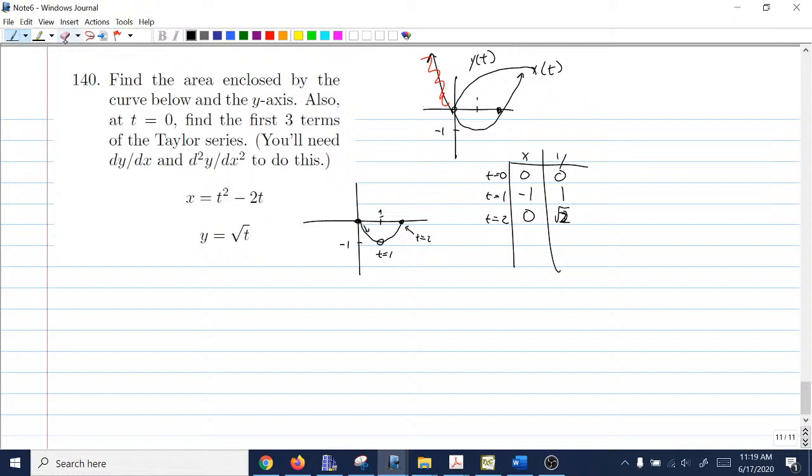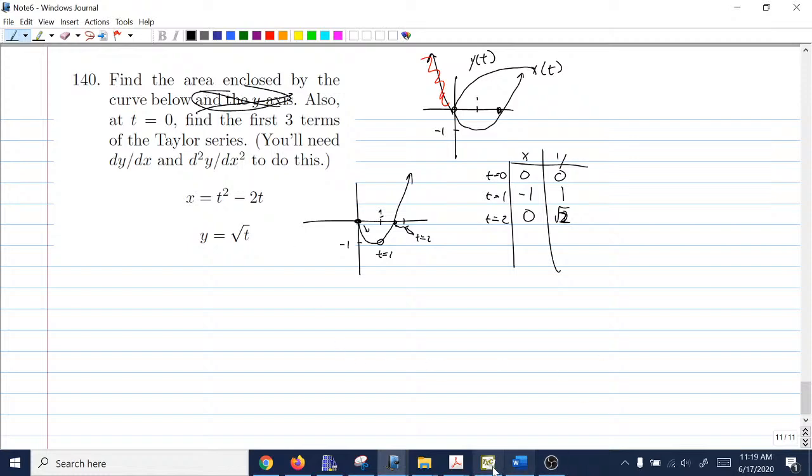And then after that, x is always positive, y is always positive. So something like that. So that's the time t equals 2. The area enclosed by the curve and the y-axis. Nothing is enclosed by the curve and the y-axis, so this doesn't work. This should have been the curve and the x-axis.